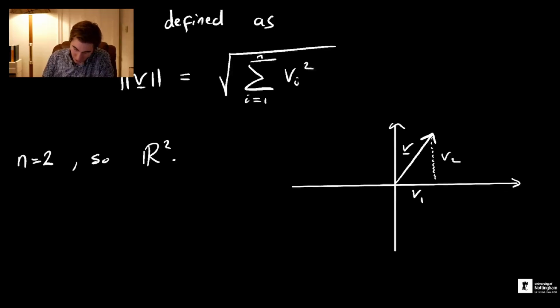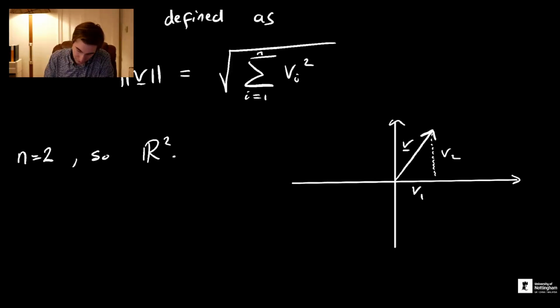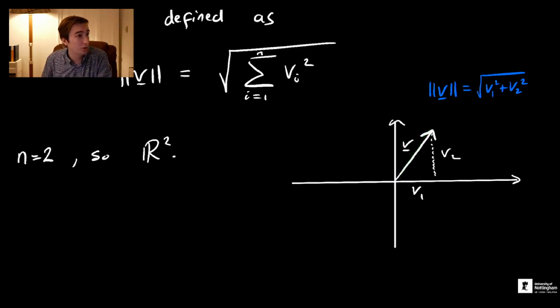So the norm of V using that notation above is simply the square root of V1 squared plus V2 squared, which is just Pythagoras' theorem. That just tells us that the length of this arrow here is simply the norm of V.